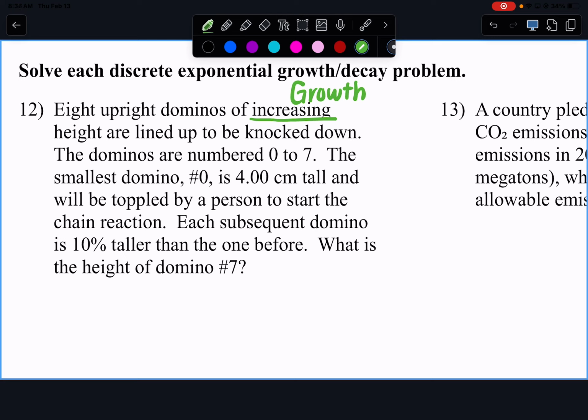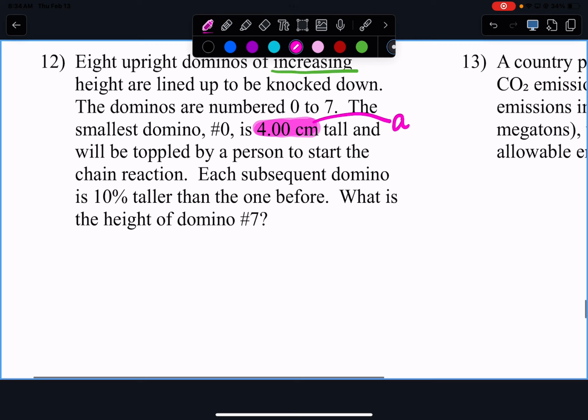All right, so for this, what is our initial? 4 centimeters. That right there is our A. Then we have each subsequent domino is 10% taller.